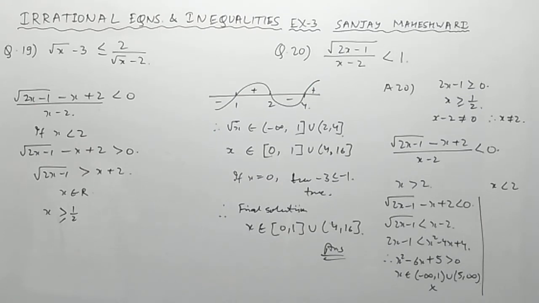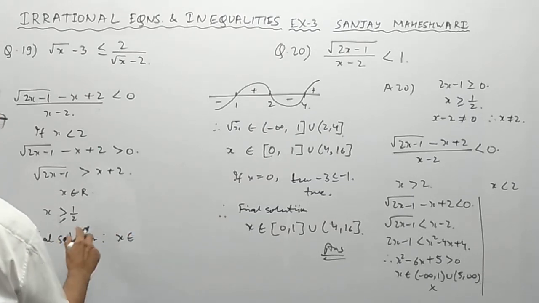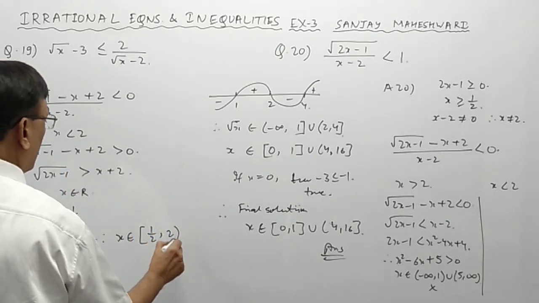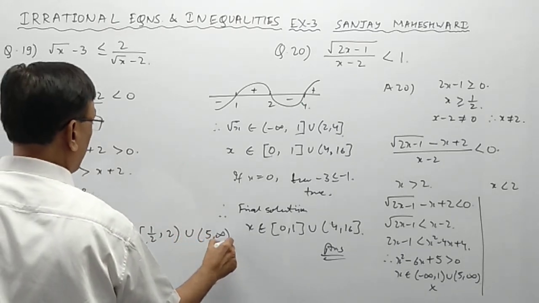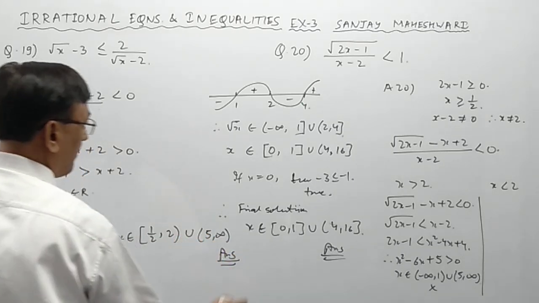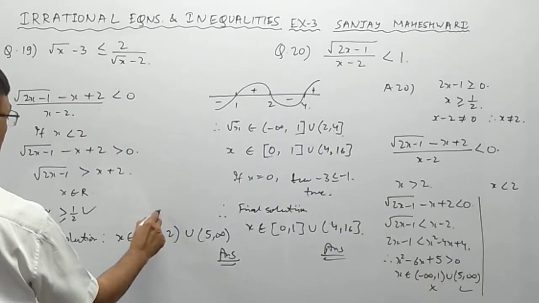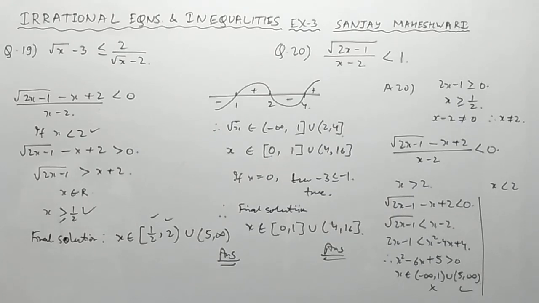So we can get the final solution as x belongs to 1 by 2 closed to 2 open, union 5 to infinity. 5 to infinity from this part, 1 by 2 to 2 from this part. This is the final answer.